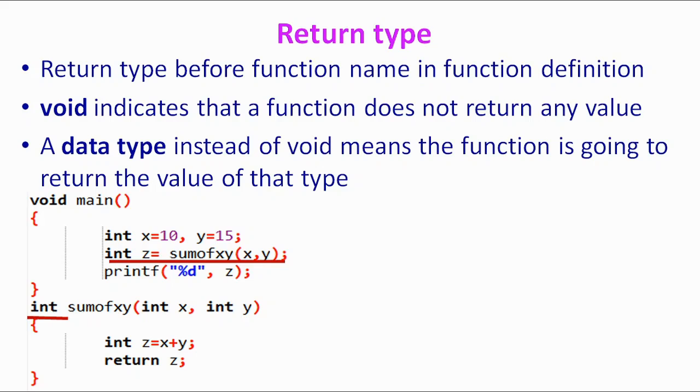When a function call receives a return value from the called function, it should be captured into a variable by keeping the function call at the right side of that variable in an assignment statement, so that we can display the received value to the user.